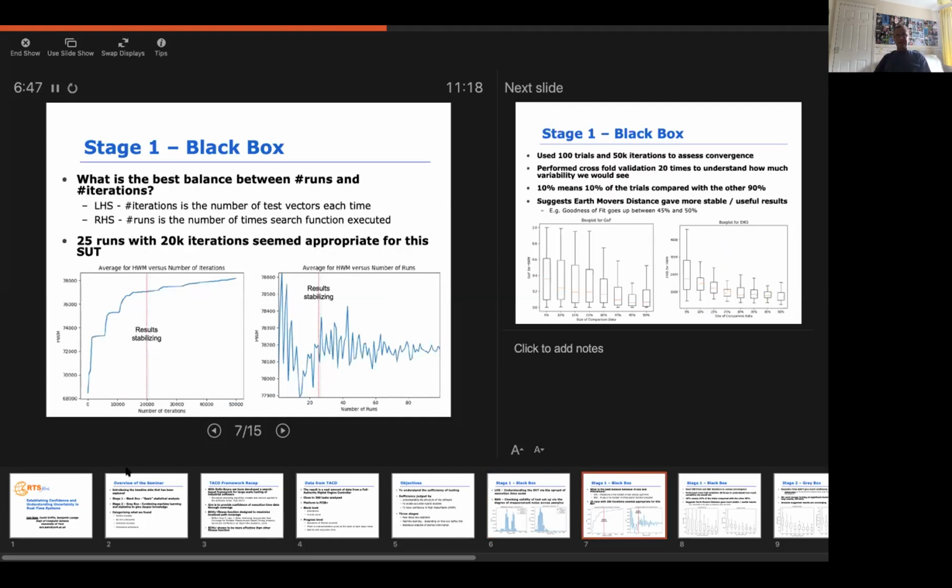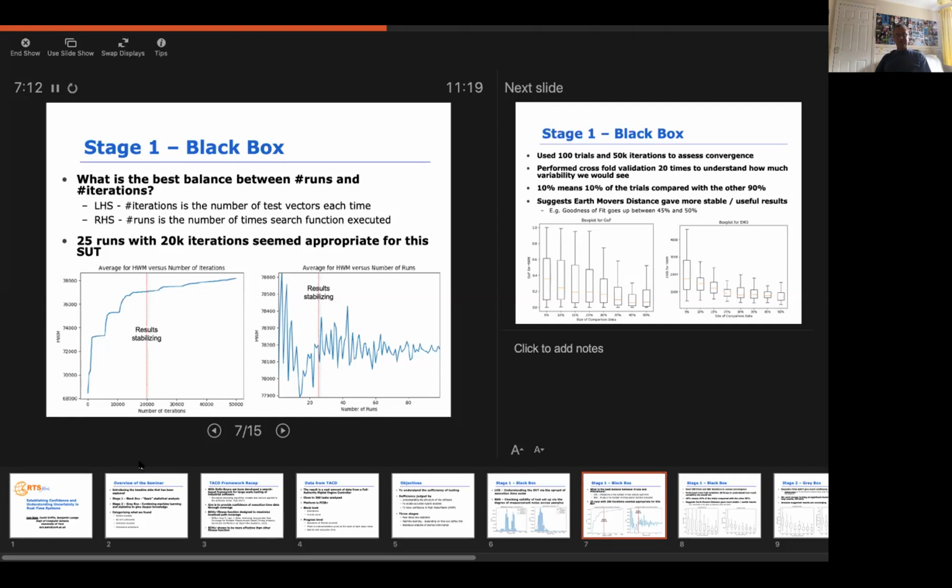Then the next stage of analysis in the black box analysis was to establish what is the best balance between the number of runs and the number of iterations. The left-hand side graph shows the number of iterations, which is the number of test vectors each time. On the y-axis it has the high watermark, and on the x-axis the number of iterations.